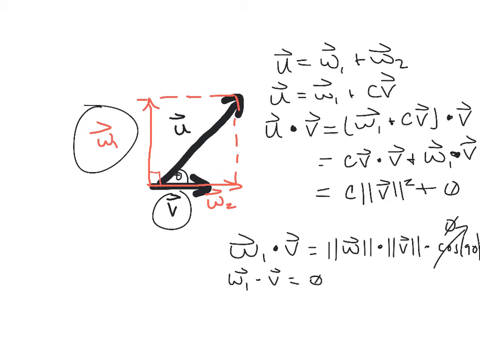So, long story short, remember, we said U dot V equals C times the magnitude of V squared plus 0.